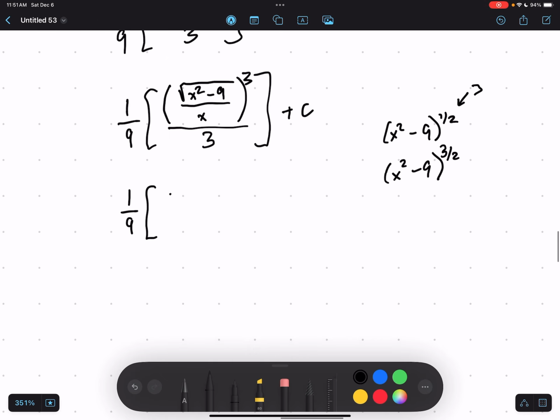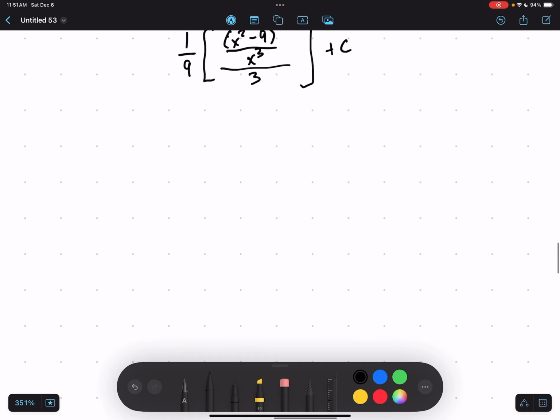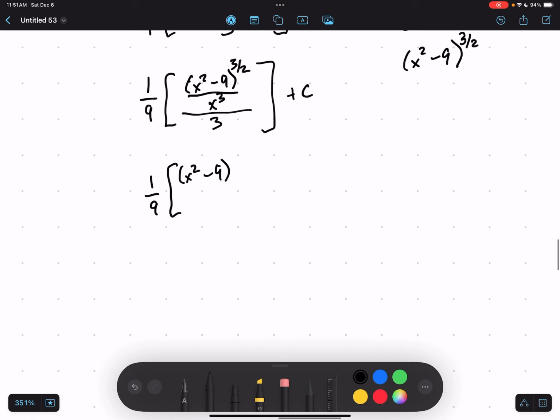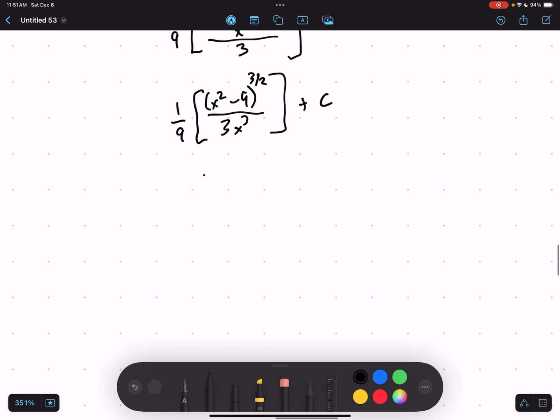So we can rewrite that over here as x squared minus 9 to the 3/2 over x cubed over 3 plus c, which then goes down to 1/9 times x squared minus 9 to the 3/2 over 3x cubed plus c. And then finally, multiply it by 1/9. We end up with x squared minus 9 to the 3/2 over 27x cubed plus c. And that is our final answer.